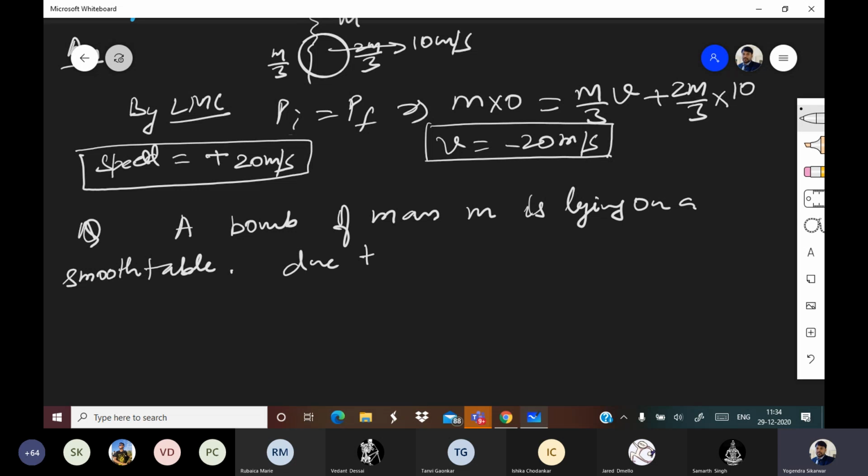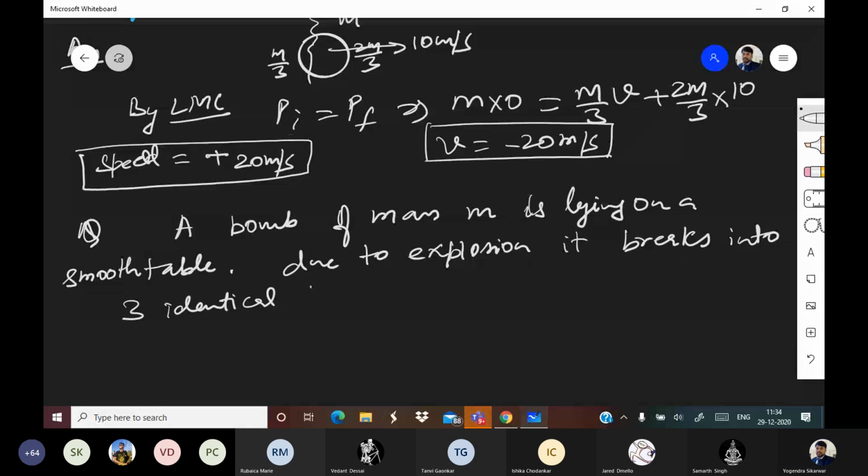Due to an explosion, it breaks into three identical parts.